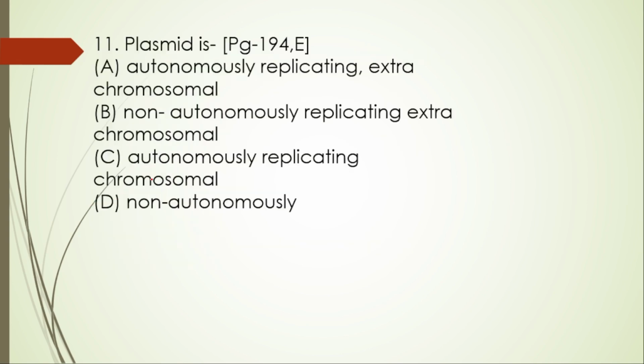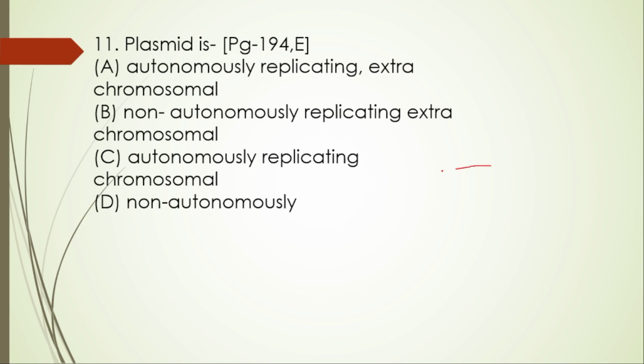Next, 11th one. Plasmid is A, autonomously replicating extra chromosomal, yes, this one is right. B, non-autonomously, no. Autonomously replicating chromosomal, it's not chromosomal, it's extra chromosomal. It's autonomously replicating extra chromosomal because it is a very small, typically circular double-stranded DNA which exists separately from the main bacterial chromosome.